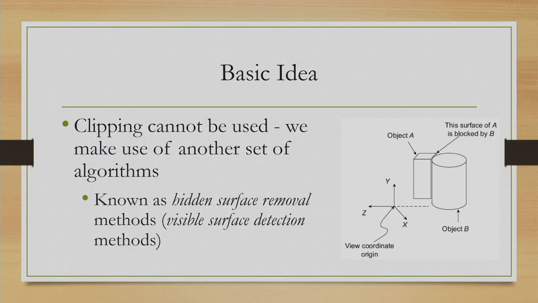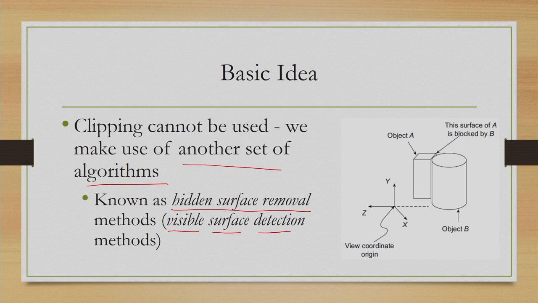So, clipping algorithms are not applicable. What we require is a different algorithm or a different set of algorithms. Now, these algorithms are collectively known as hidden surface removal methods or alternatively visible surface detection methods.